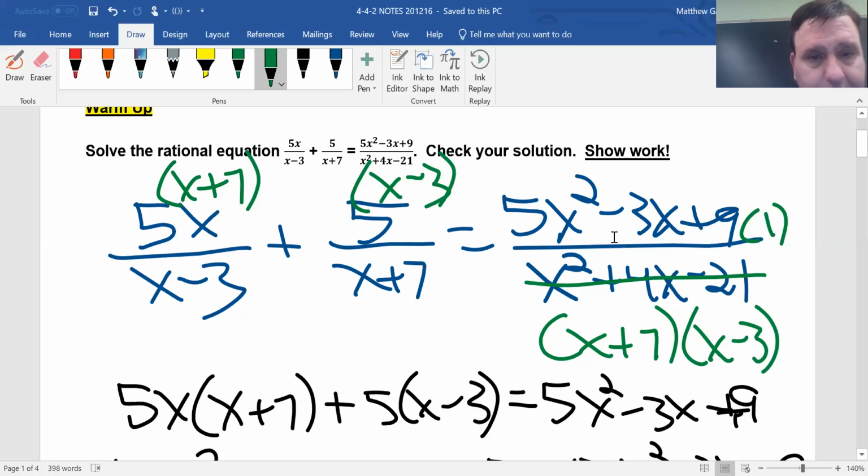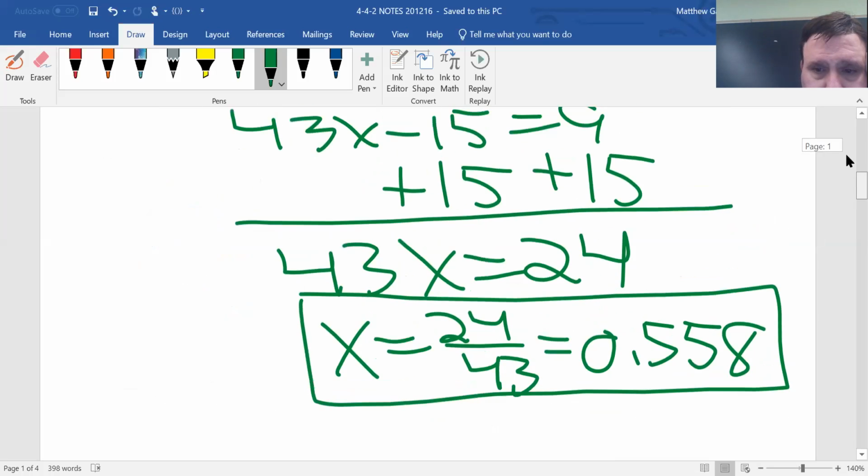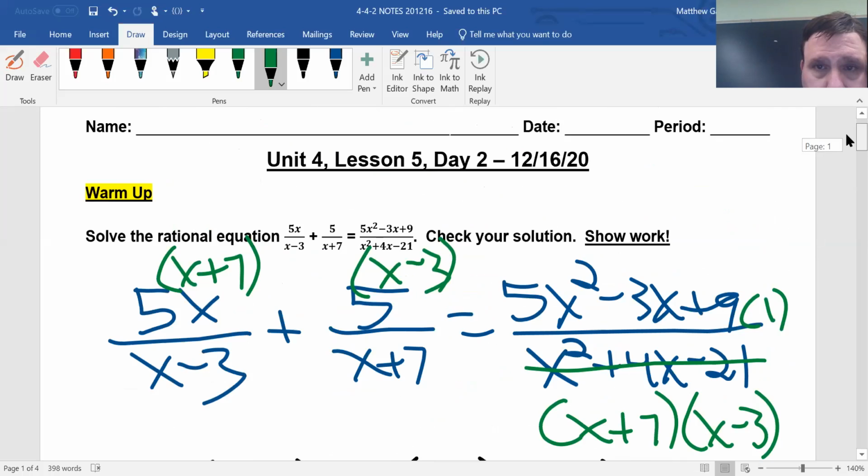Okay, welcome back. The answer should be 0.558. The denominator on the right side, the trinomial, factors to x plus 7 and x minus 3.